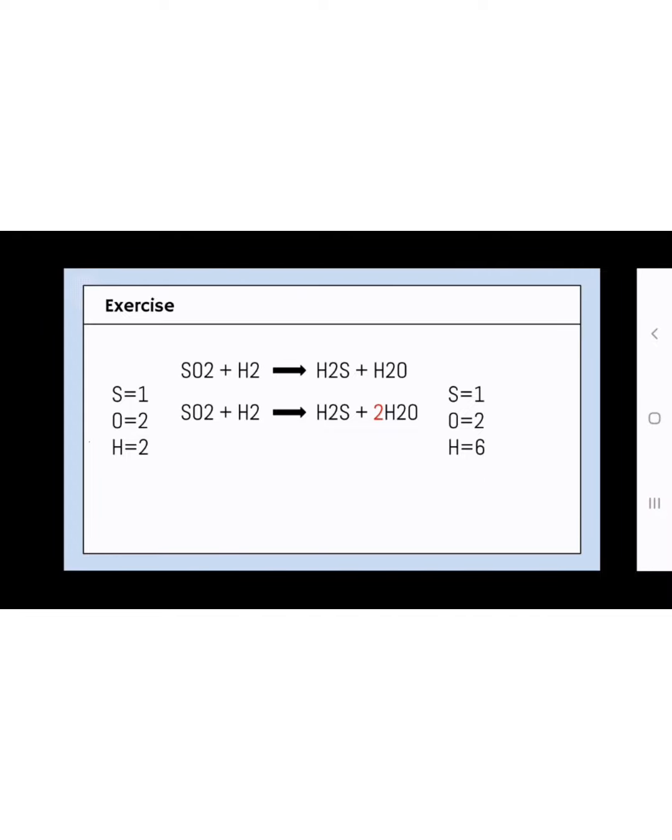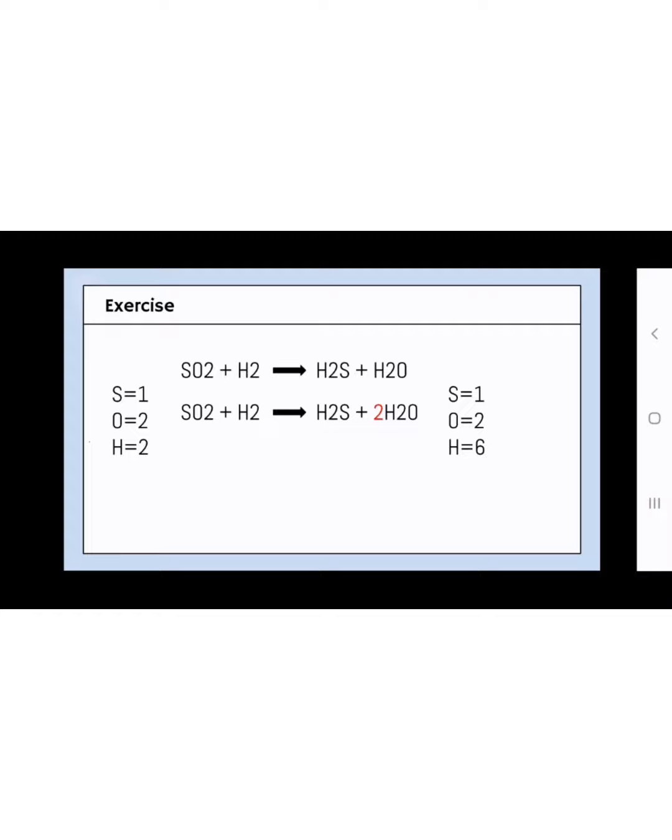And since the oxygen is next to the hydrogen, this is multiplied by the only atom of oxygen. Then as 2 times 1 equals 2 in the product, the oxygen is left with 2 atoms.